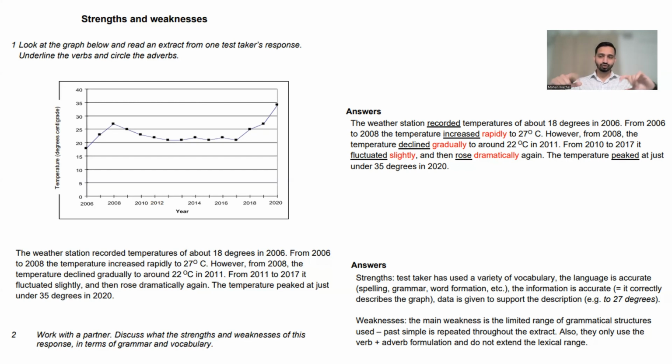So I showed you, you can use the verb plus adverb structure. You can also use 'there was' and then a noun phrase. You can use that to show that you have a higher grammatical range. And that's why it's important for you to use different structures for defining different findings. Okay. All right, let's move on.